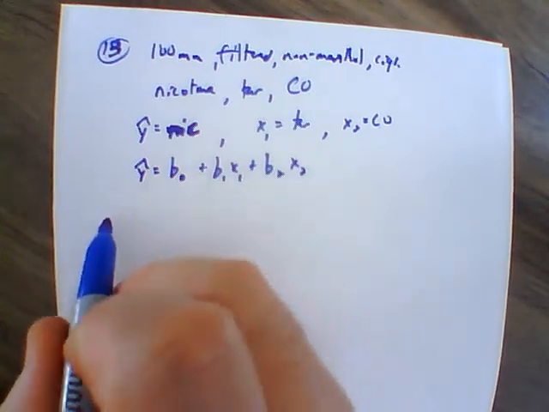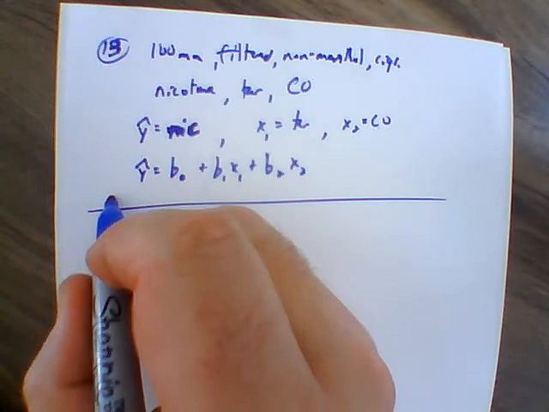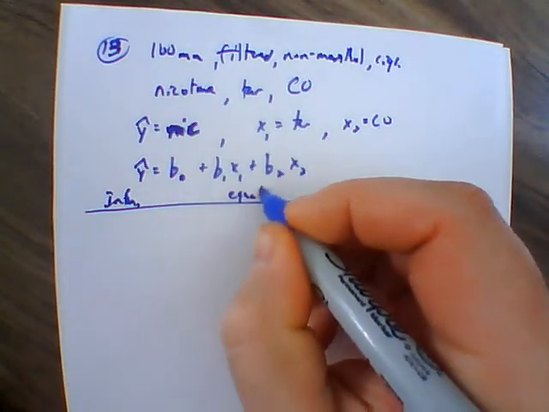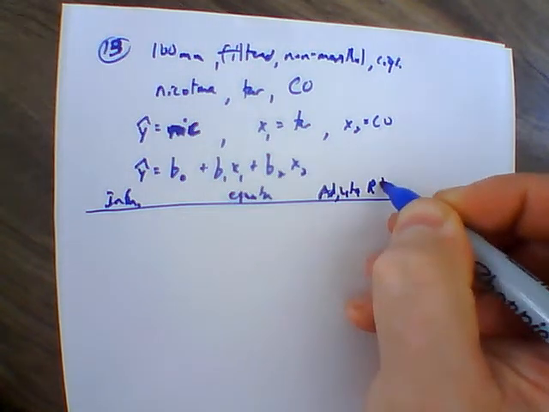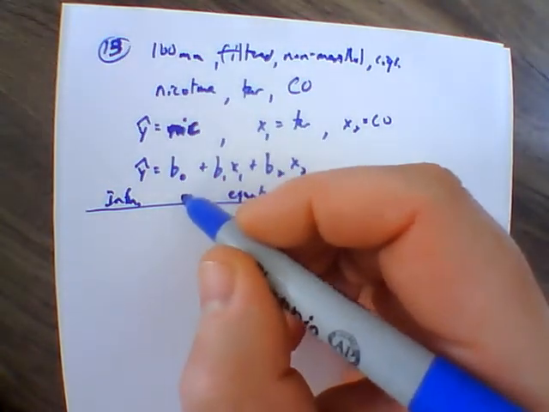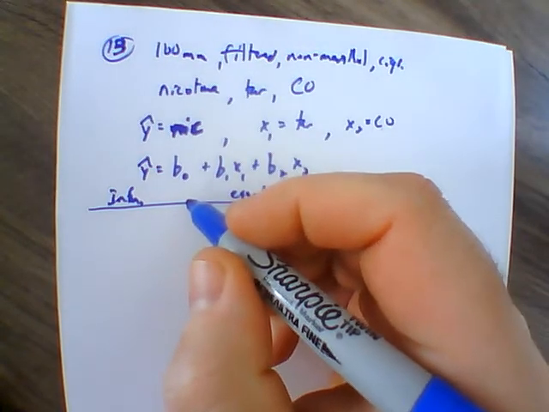So as we write our table here, we're going to look at influence, equation, adjusted R squared. So as we consider what's happening here, we're going to write this out very informally until we get to our final answer.